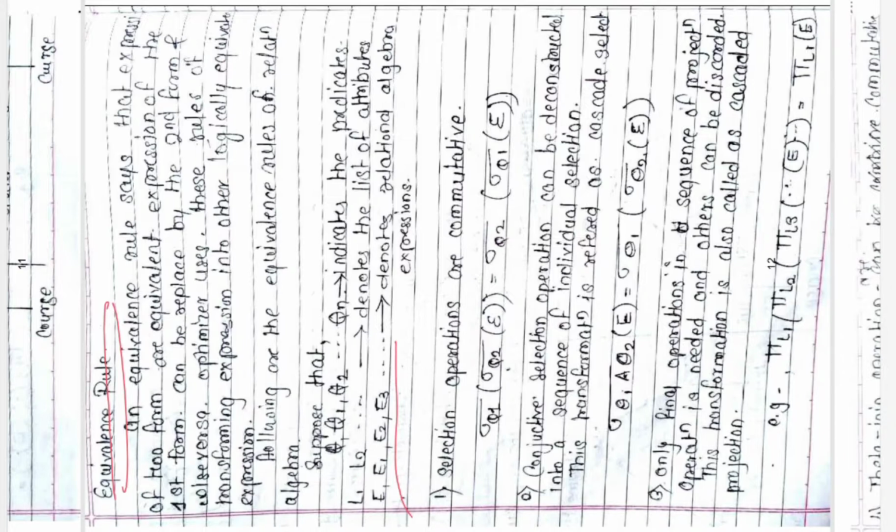Okay, now there are different operations. The first operation is this: selection operations are commutative. How is it commutative?